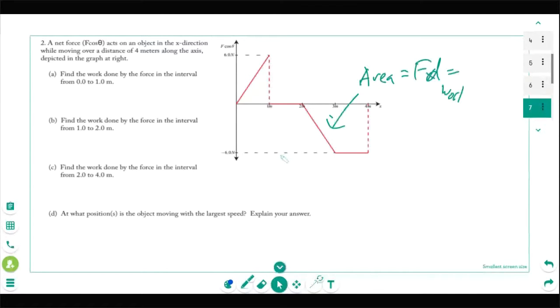So we've definitely seen questions like that. I haven't seen any that flip it around and expect you to take the slope of an energy distance graph to get force. I haven't seen any questions like that.